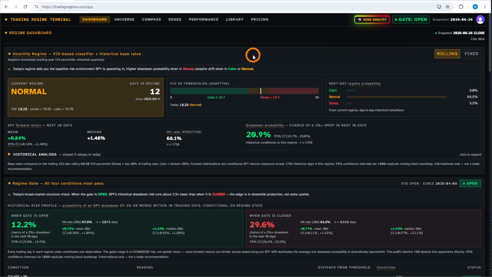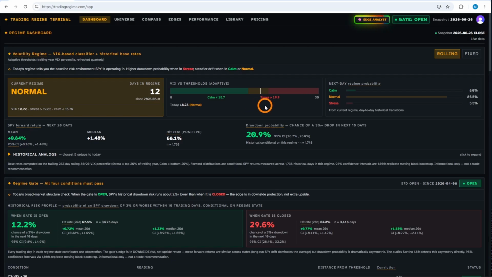So it gives you a rolling view of what actually was the stress level in the most recent time versus what was the normal and the calm. So you get a more advanced view as to what the stress level is.